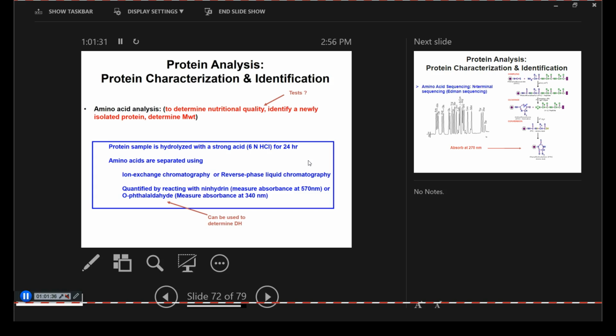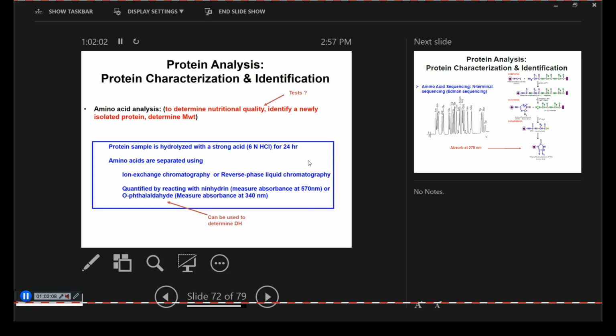If you do ion exchange chromatography and you have the electrochemical detector, you don't need to react the amino acid with anything. But if you do reverse phase liquid chromatography, you have a UV detector, so you react the amino acid with an anhydride, and then you measure absorption. Or you react it with ophthaldehyde and then you measure absorption or fluorescence. So you can do either.